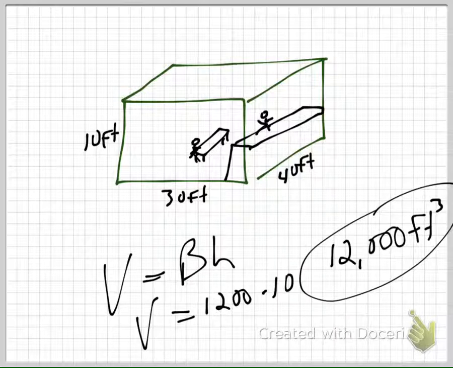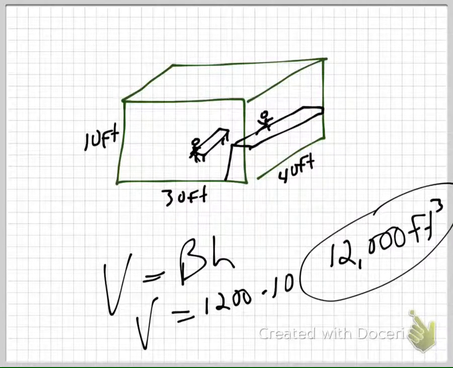Listen, if we have 2,000 breaths, and we each breathe 1 breath every 6 seconds, or 10 breaths a minute, how many minutes of air do we each have? 2,000 and 10 per minute. 200 minutes. 200 minutes is 3 hours and 20 minutes. We would have 3 hours and 20 minutes of air in here.